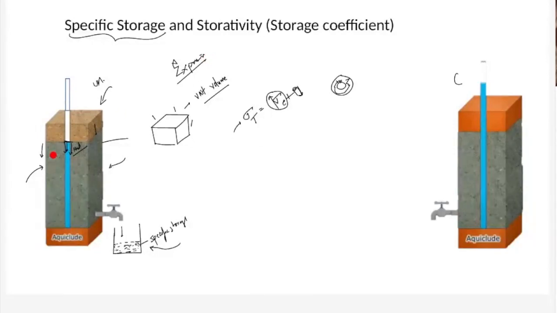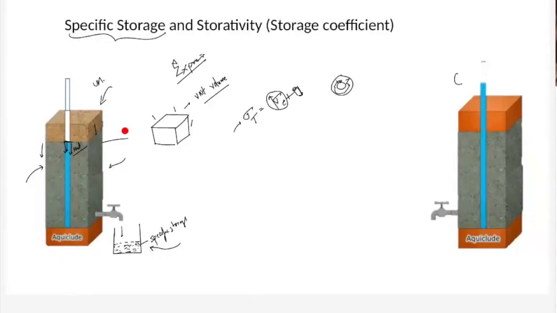But in a solid the expansion is very small, unnoticeable, right? In liquid, the expansion will be a little more than solid, and in gas the expansion you can literally see, right?